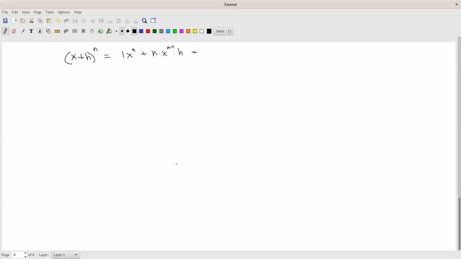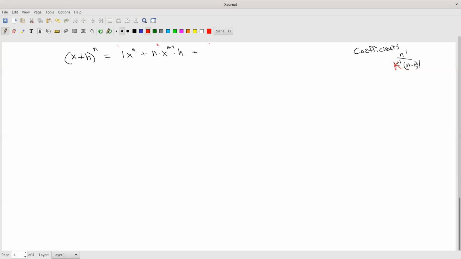Next, I get the coefficients. So I'm going to go off to the side here. n factorial over k factorial times (n minus k) factorial. These are my coefficients. So I'm just saying, hey, this next one is n. What's this one over here? So here is k equals 1. I'm going to do k in red here. This is where k is 1. This is where k is 2.